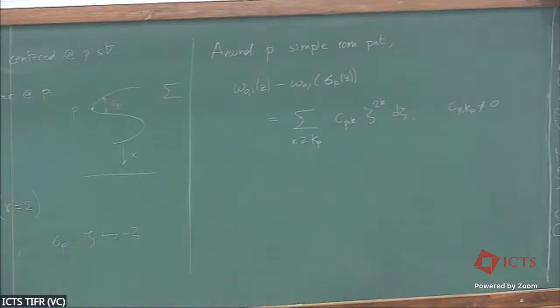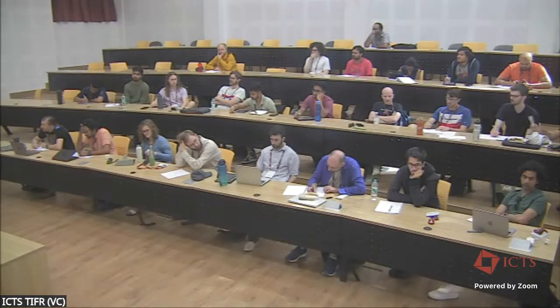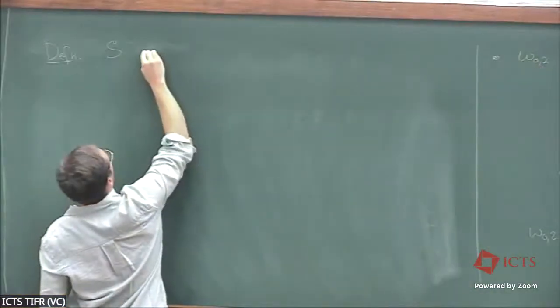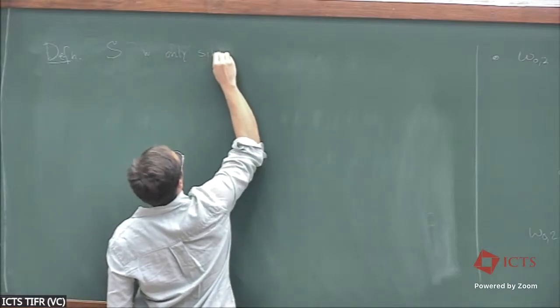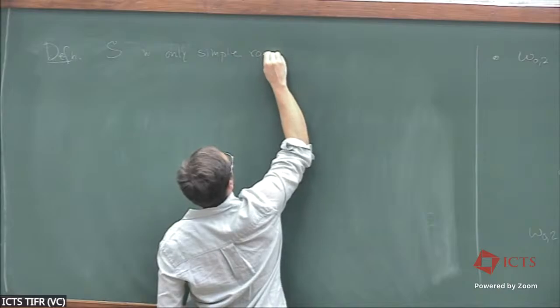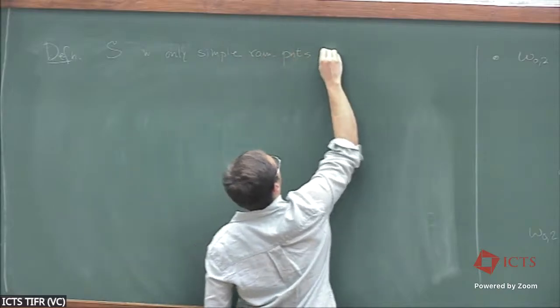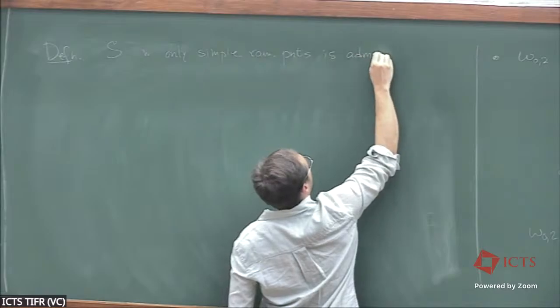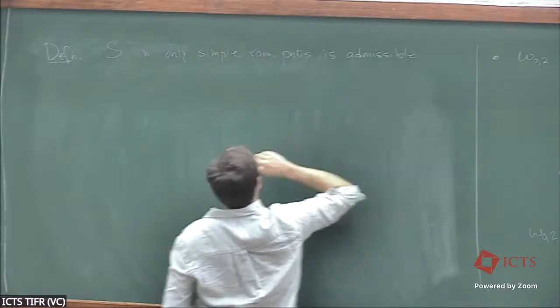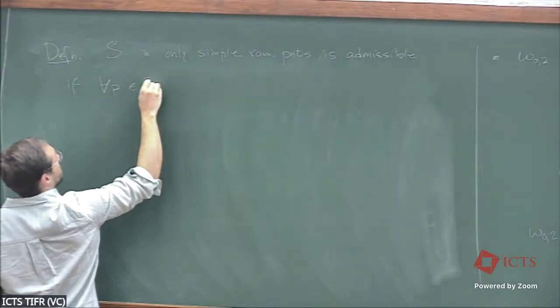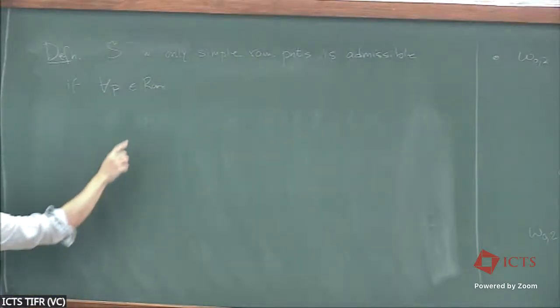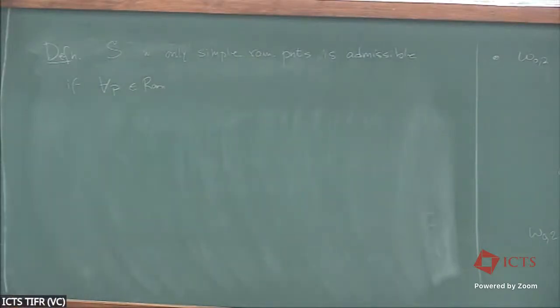So, maybe let me move there. So in that situation, we say the following. Definition. So we will say that a spectral curve S with only simple ramification points is admissible if for every P that is a ramification point, I will use this notation Ram for the set of ramification points.